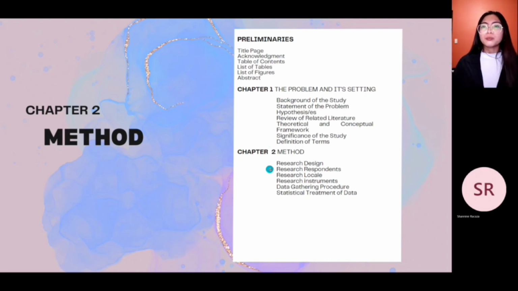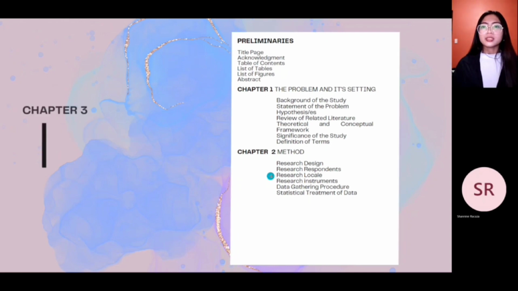And then the next one will be research respondents. So in this part, we're just going to discuss the individuals who are involved in providing data and information for your research study.